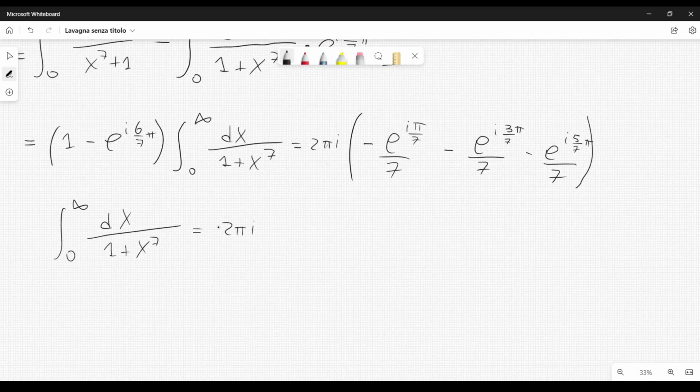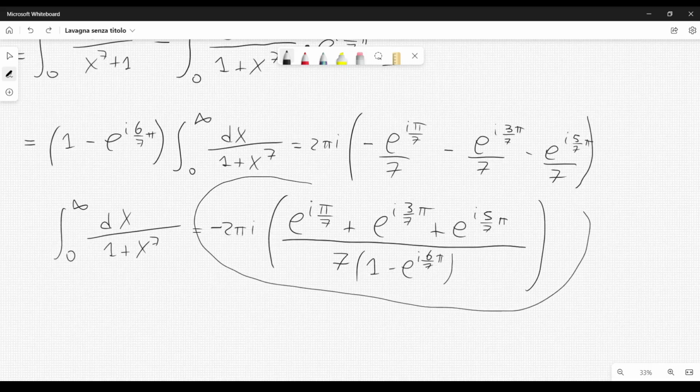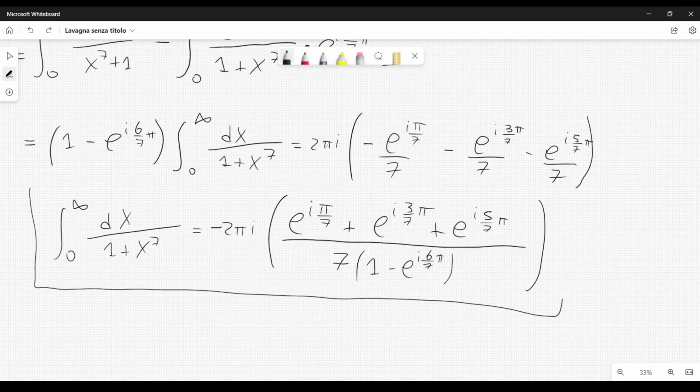I can put the minus sign before 2 pi i, and I get e to the i pi over 7 plus e to the i 3/7 pi plus e to the i 5/7 pi divided by 7 times 1 minus e to the i 6/7 pi. Now you can do your algebra on this number on the right, but this is already our result. This is the result of our computation.